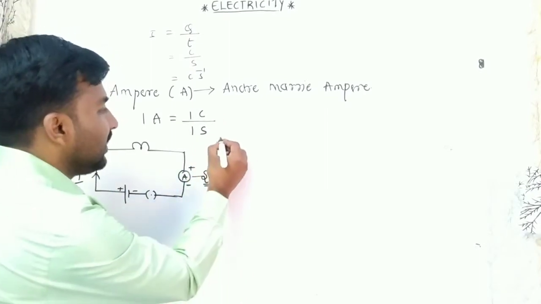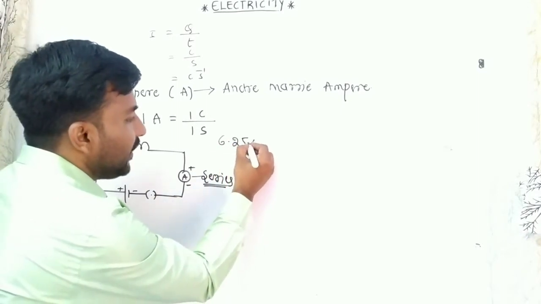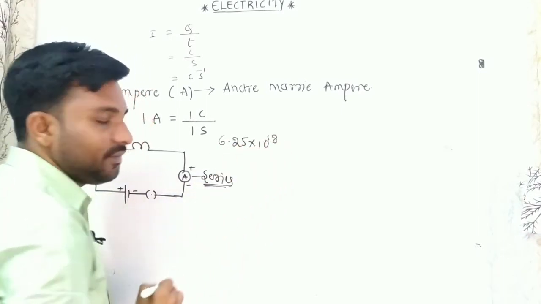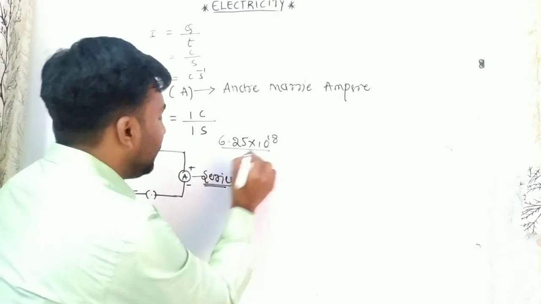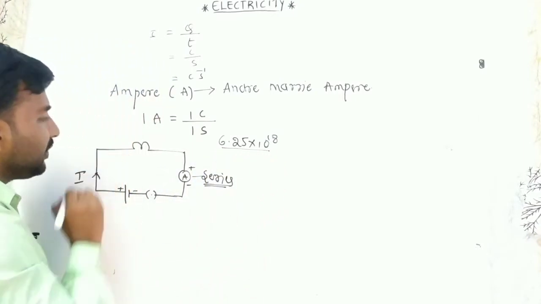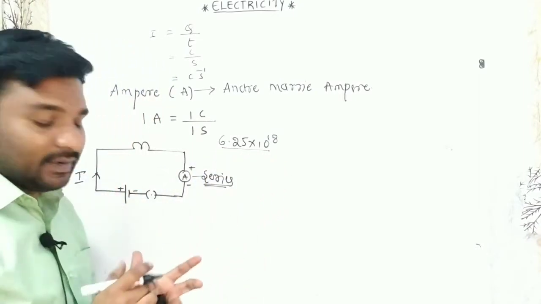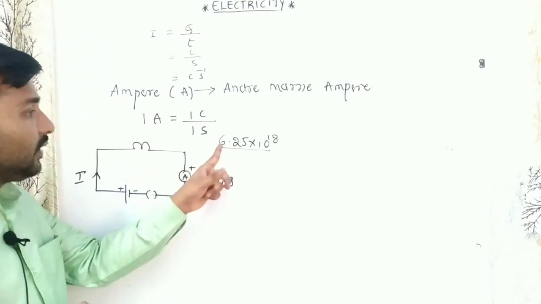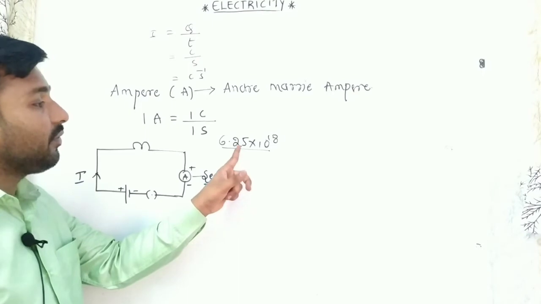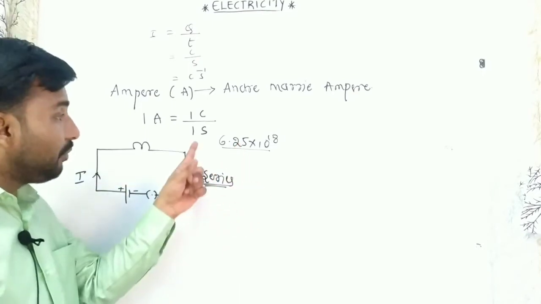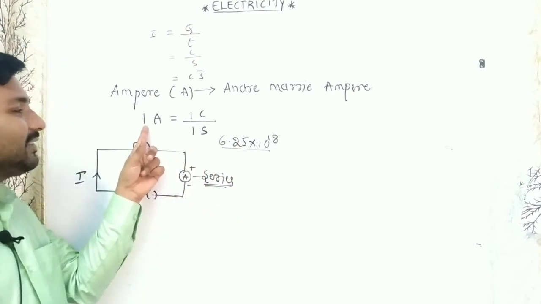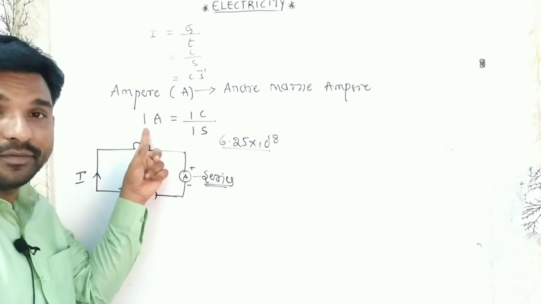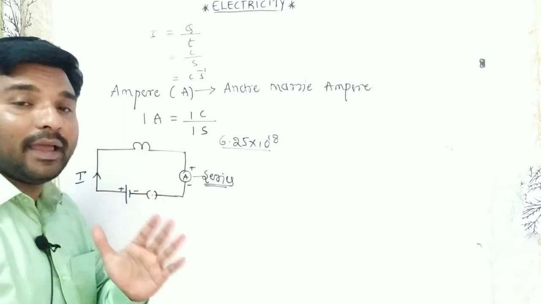It is 6.25 into 10 raised to 18 electrons. So in the cross-sectional area of any conductor, if this many electrons are flowing per second, we call this 1 ampere current.